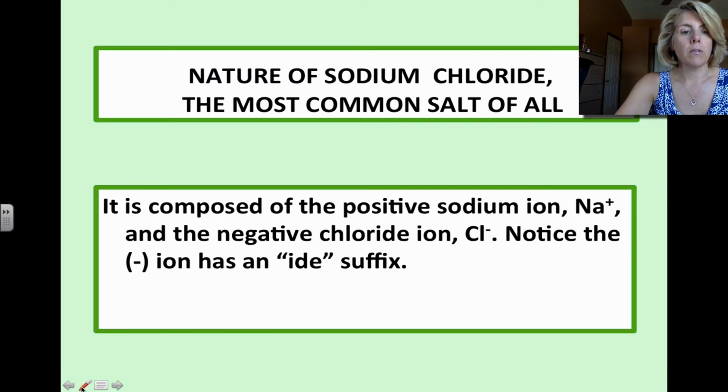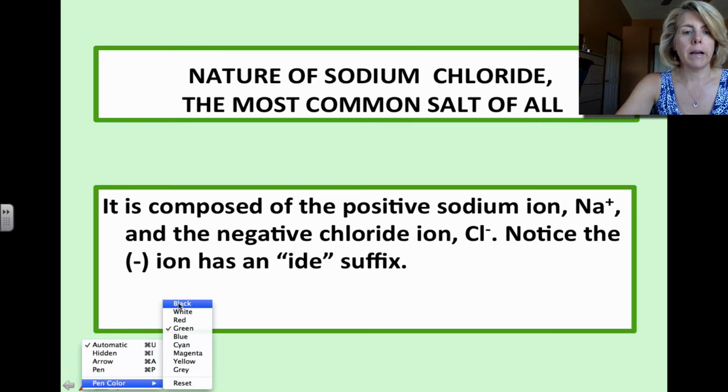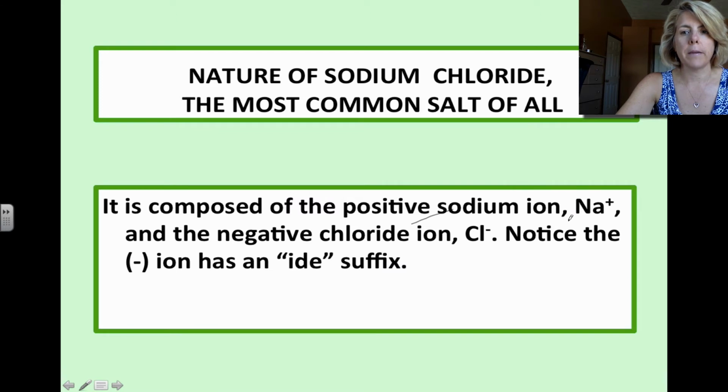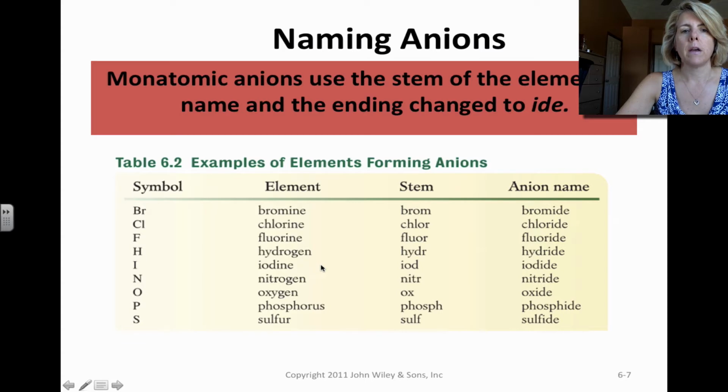Now with the salt, we are talking about a positively charged sodium ion, so Na+, and then we have a negatively charged chlorine ion. Do you remember, what do we call the negatively charged ion? Anion, okay, and notice it has an IDE suffix, okay, so the chloride ion has an IDE.